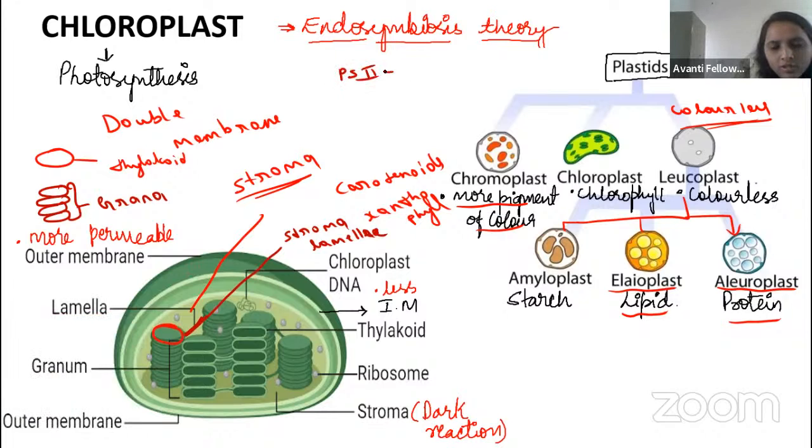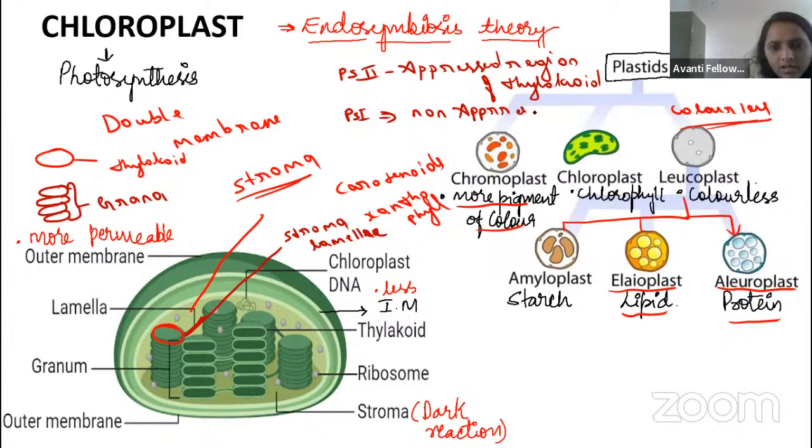PS2, okay? You know that PS2 is present on the appressed region of the thylakoid. Whereas photosystem 1 is present on the non-appressed region of the thylakoid membrane.